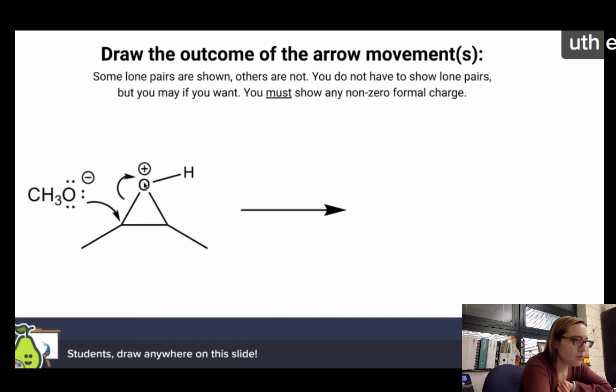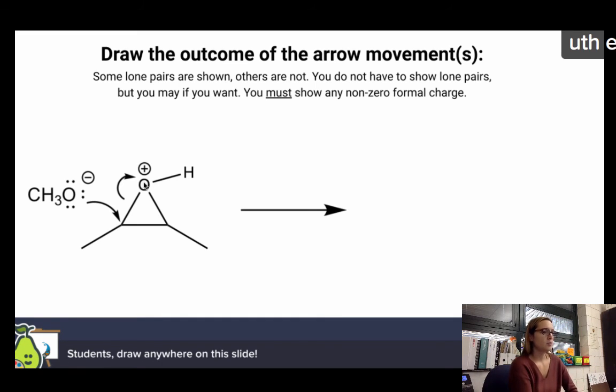And I think for the most part, what I see people have might look a little bit different than when I show you the answers, but it still is the same, it's just drawn a little bit different.